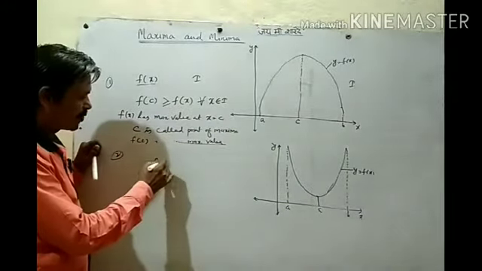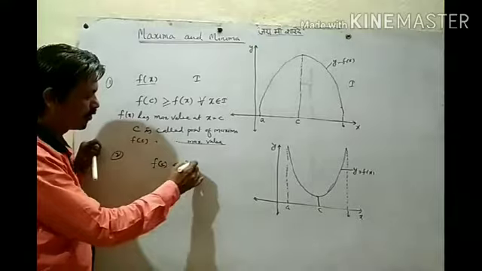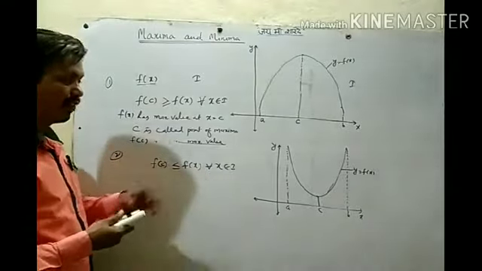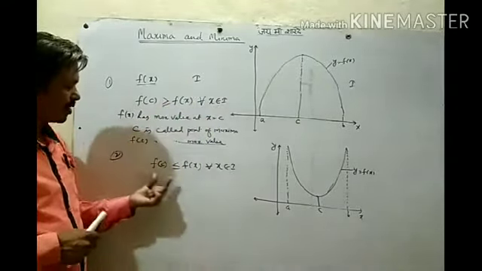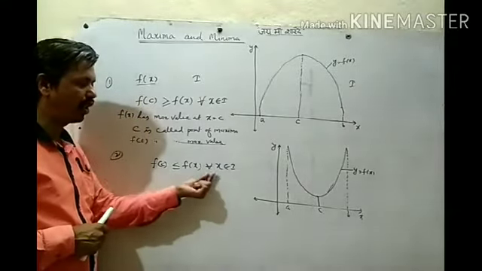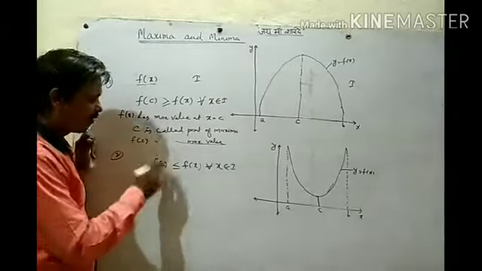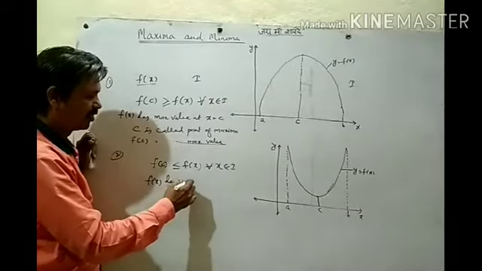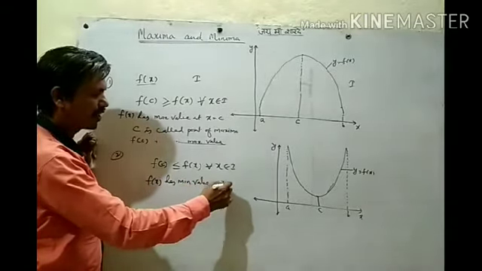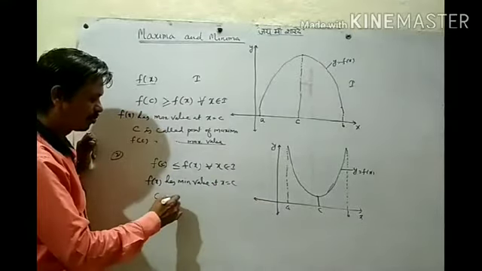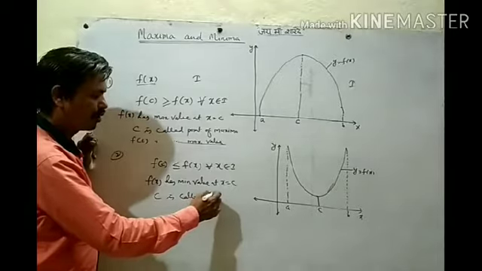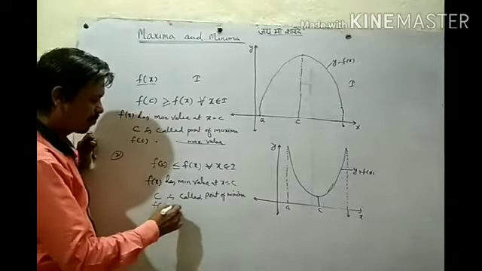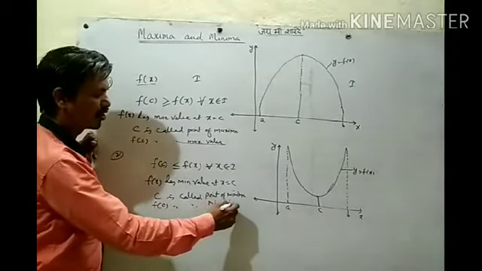So if f of c is less than or equal to f of x for all x belongs to I, and again f of x is a real function defined in the interval I, then we say f of x has minimum value at x equal to c, and c is called the point of minima, and f of c is called the minimum value of the function.